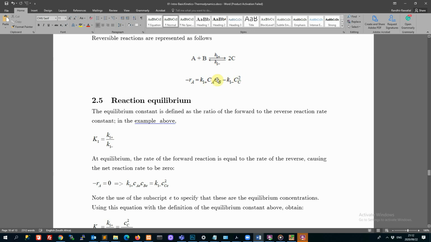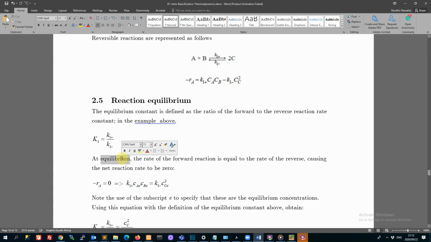It started out that this term was some value and this term was 0. But as time goes on and these amounts go down, this term gets smaller and smaller, and this term is getting bigger and bigger. And it will reach a stage where both these terms are equal. When that happens, the net amount is 0, and so the system is in a state of balance, if you like.